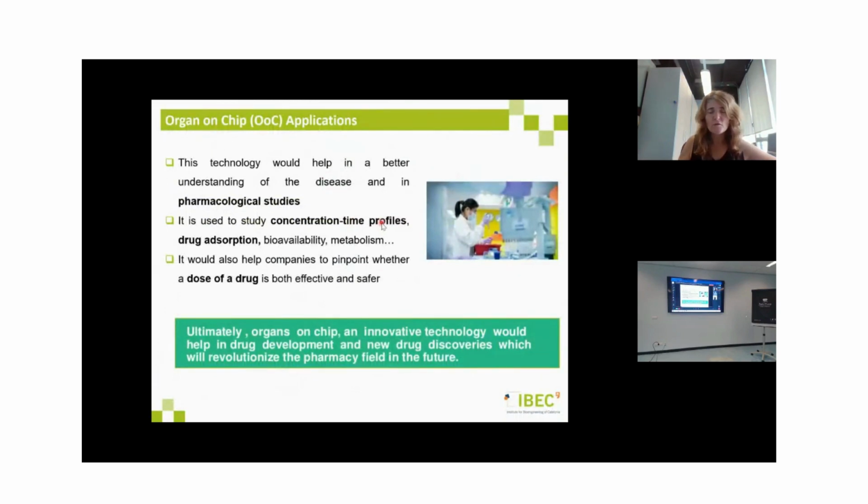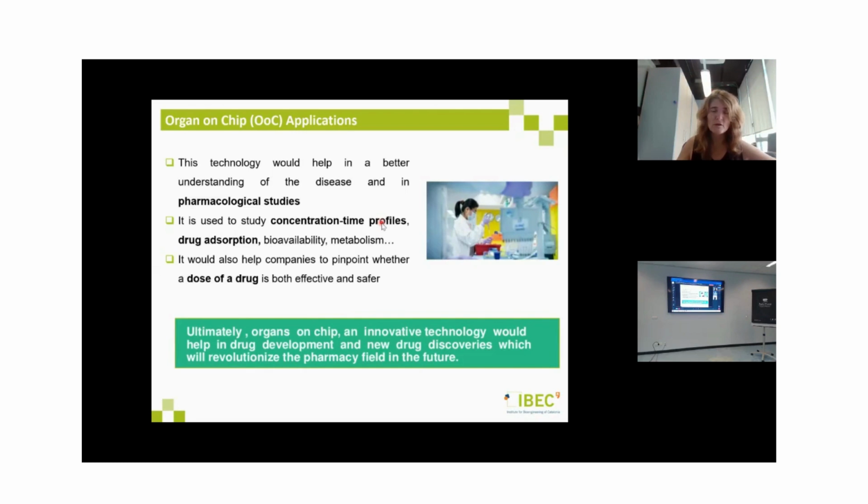The main application for these organ on a chip platforms is to have an easy method for reproducing the functionality of an organ, mainly for mimicking a disease. In a chip, you can control quite well the functionality of this organ, and you can characterize it more easily than in vivo. And obviously also for testing different therapies for these diseases.